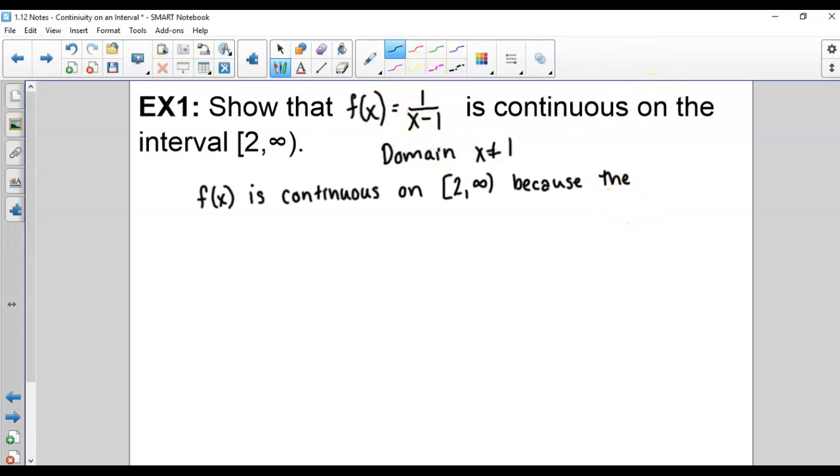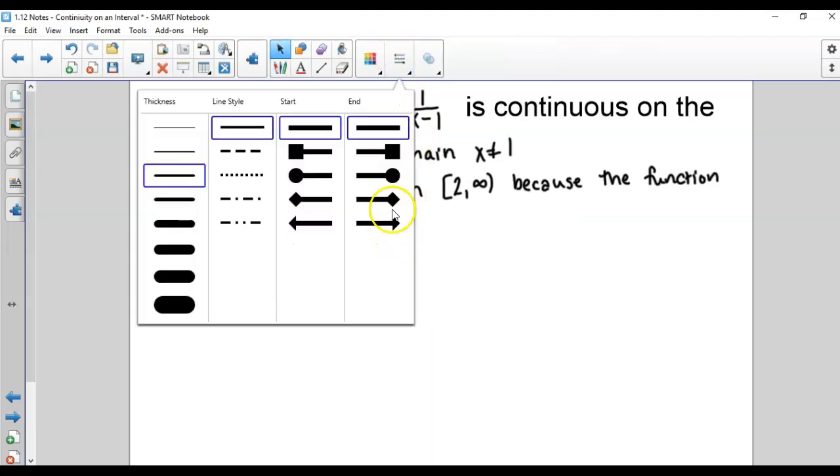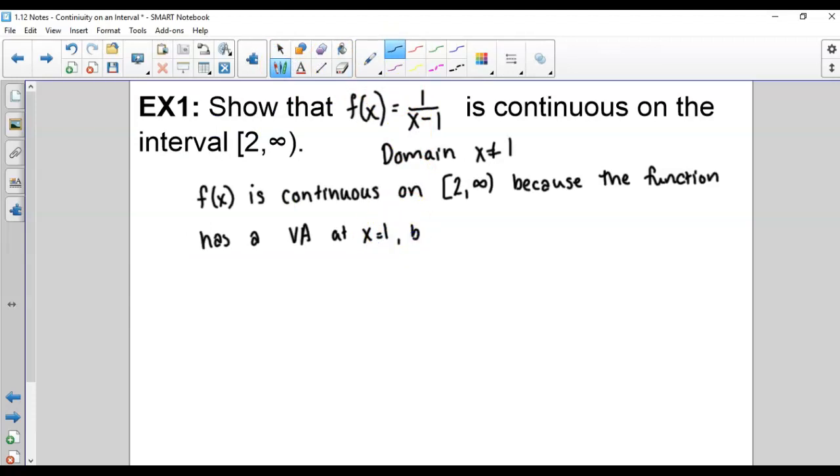So, vertical asymptote, because the function has a vertical asymptote at x equals 1, but 1 is not on the interval from -2 to infinity.